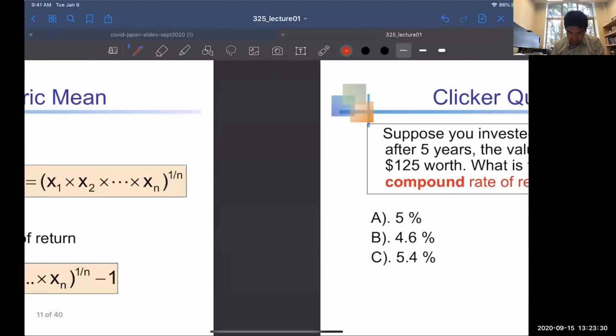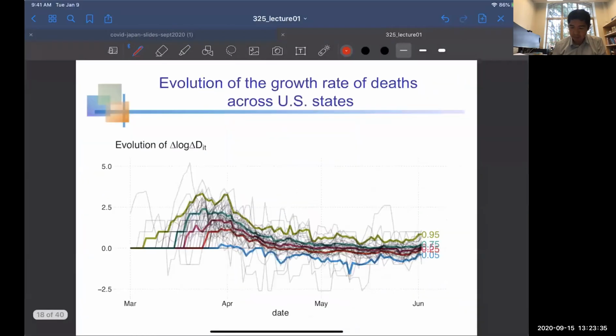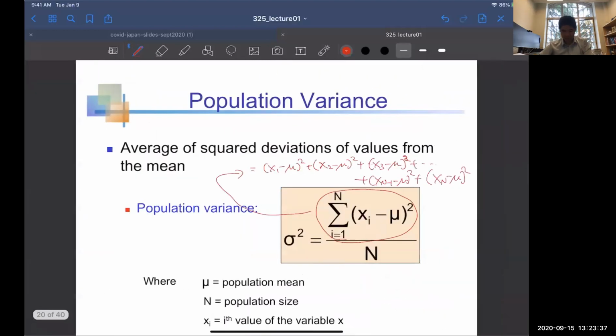Going back to the definition of the variance: the variance is defined as the average of the squared deviation from the mean across the observations. Why am I doing this?